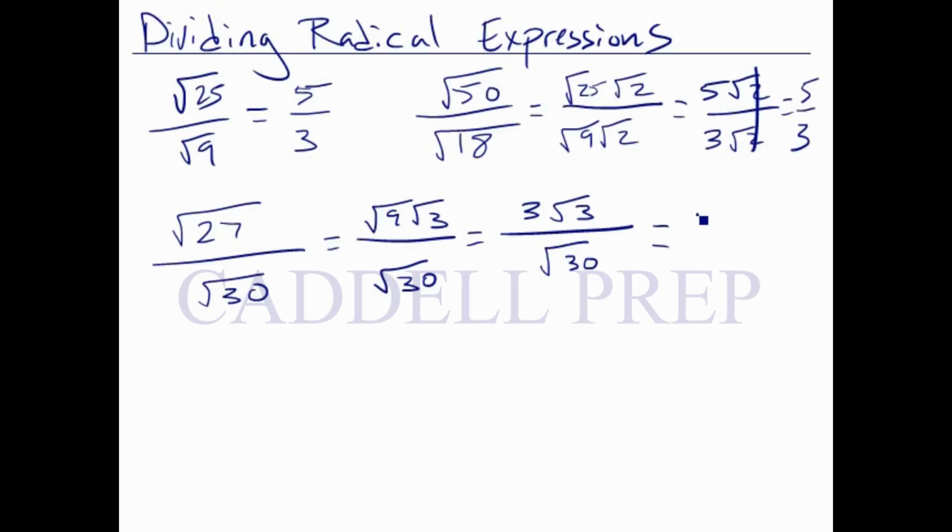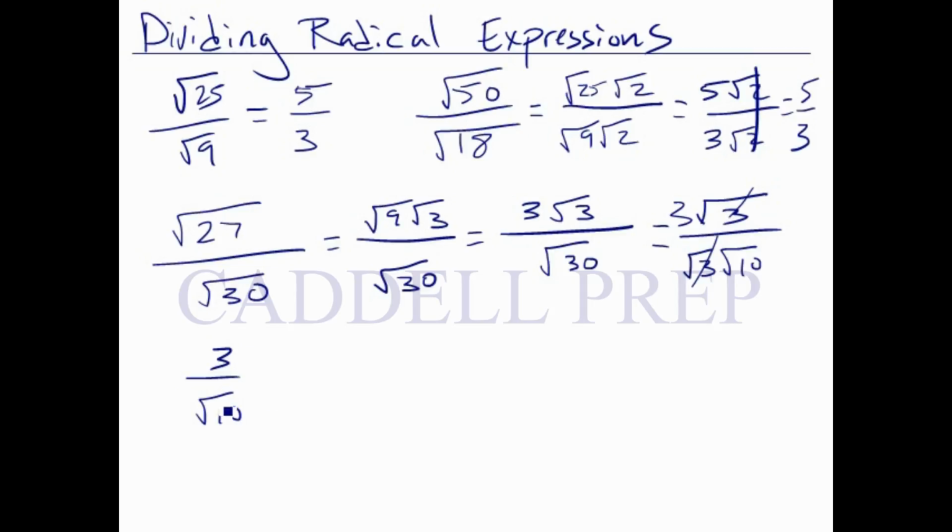We have 3 radical 3 on top. There's nothing we can do with that. But this 30 could be broken up a lot of ways, and one way is radical 3 and radical 10. So here, these are going to cancel out, and we have 3 over radical 10.